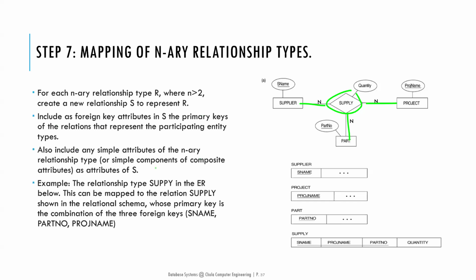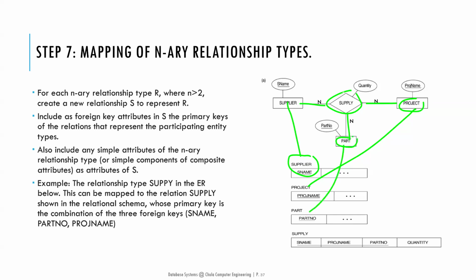So what we do here, you can see that supply here would become, you see this from supplier, and let me change the color. Okay, that's okay. And project here would be a new relation, and for parts here you have another relation.